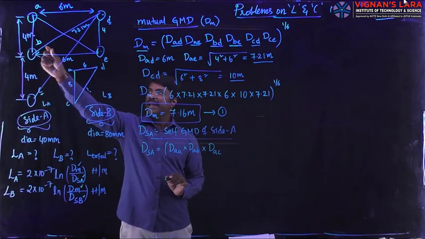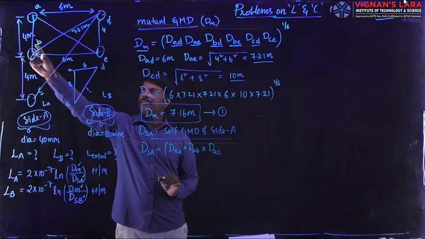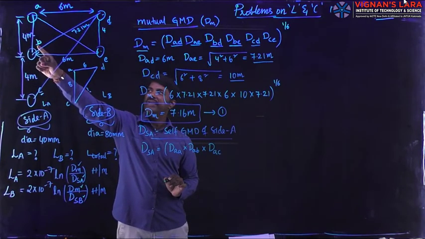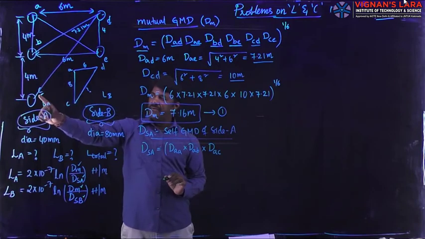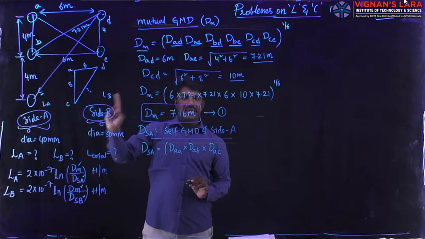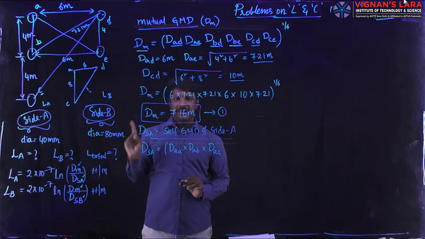In the same lines, we have to calculate the possible distances of its self value with respect to side B, similarly for conductor C also. Altogether we will get a total of 9 possible distances.